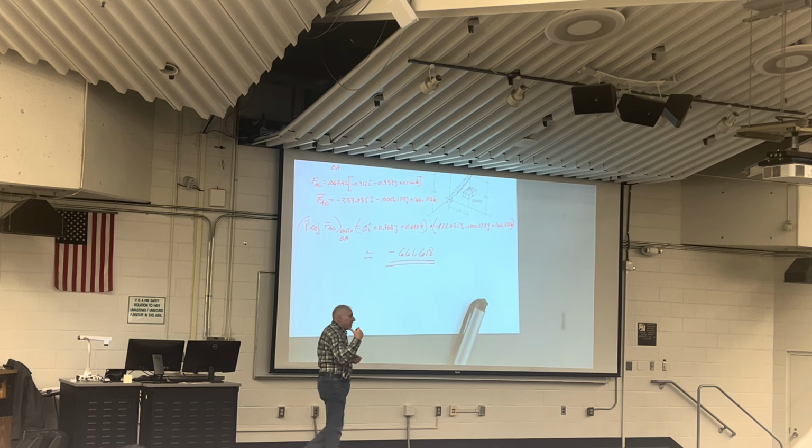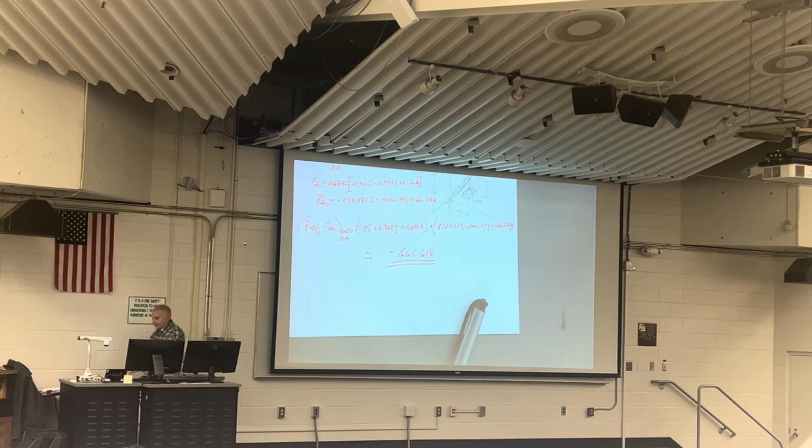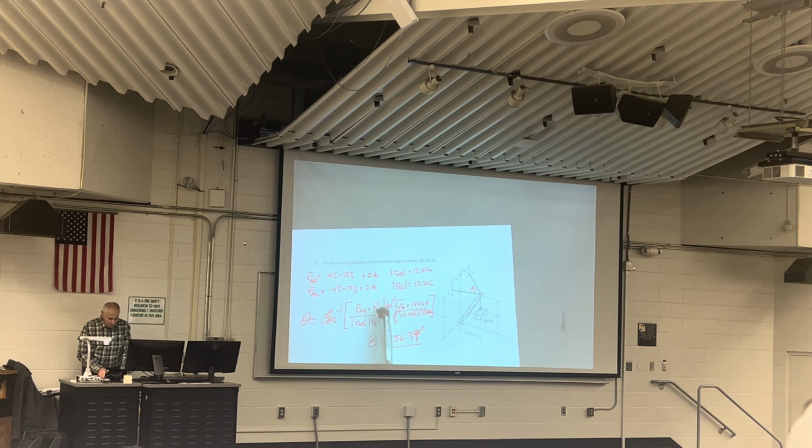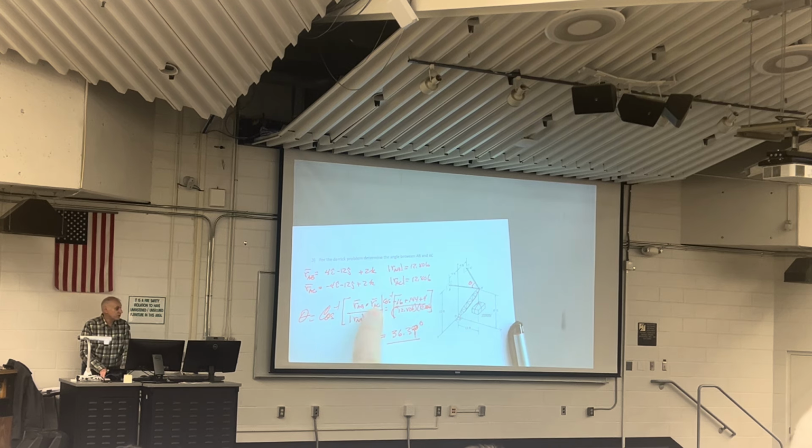Did everybody hear what he said? Going back to this guy up here, I use the position vector. We already said you could use the force vectors, but you have to divide by the magnitudes of the forces. He just asked, hey, could I use the unit vectors here? Yeah.